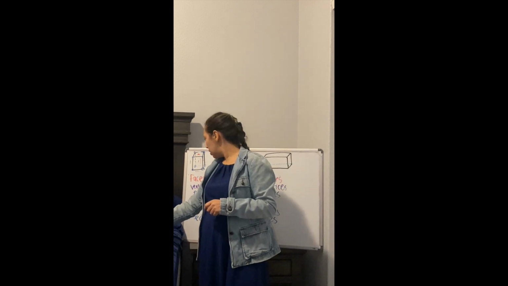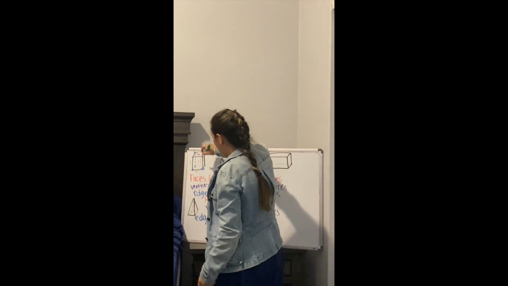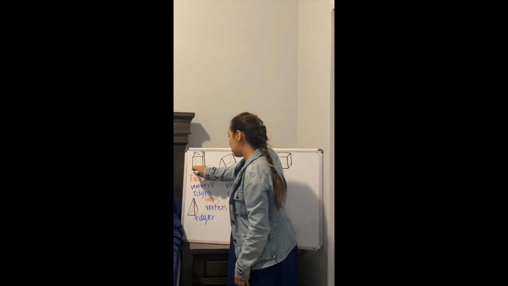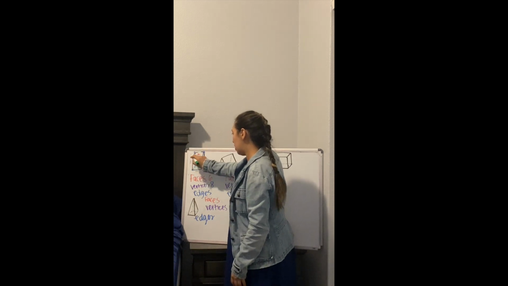Edges. Let's do our edges in green, so it's a different color. Edges we said were where the line where the 2 faces come together. So we have 1 edge here, 1 edge there, 1 edge there, 1 edge there, there, there, there, there.